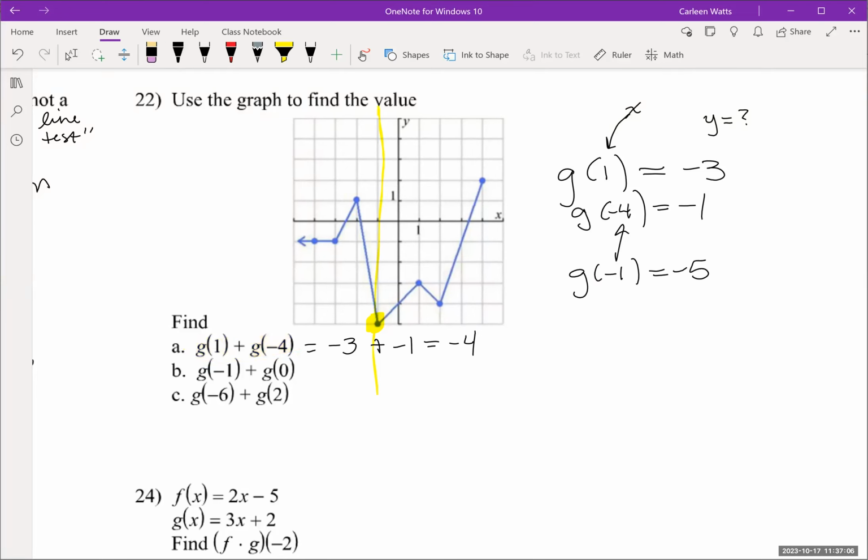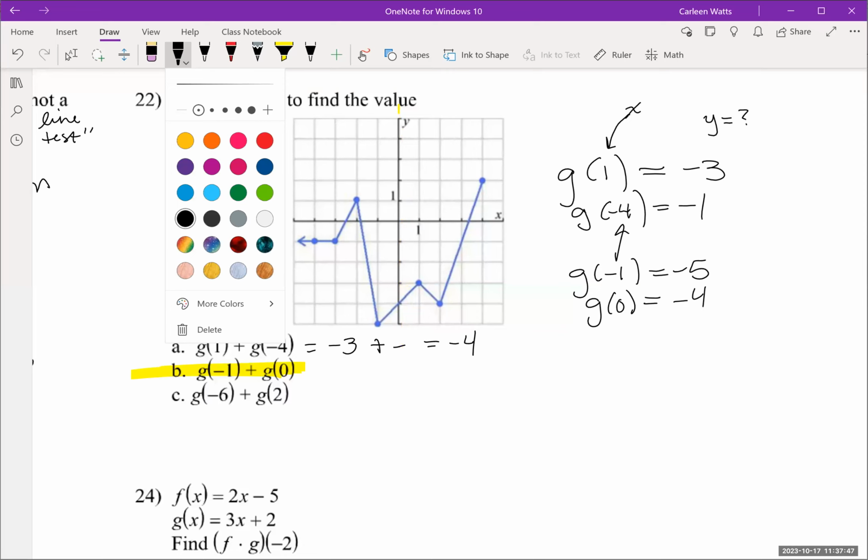Okay. What about G of 0? -4? G of 0? Okay.